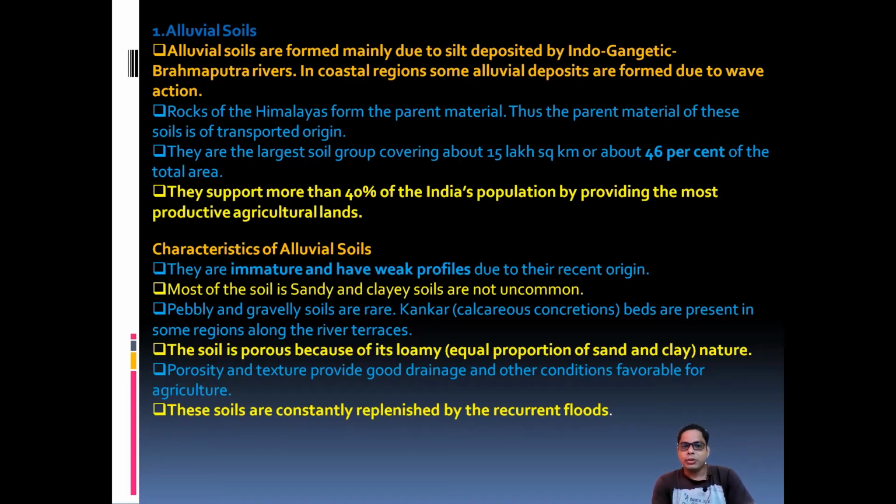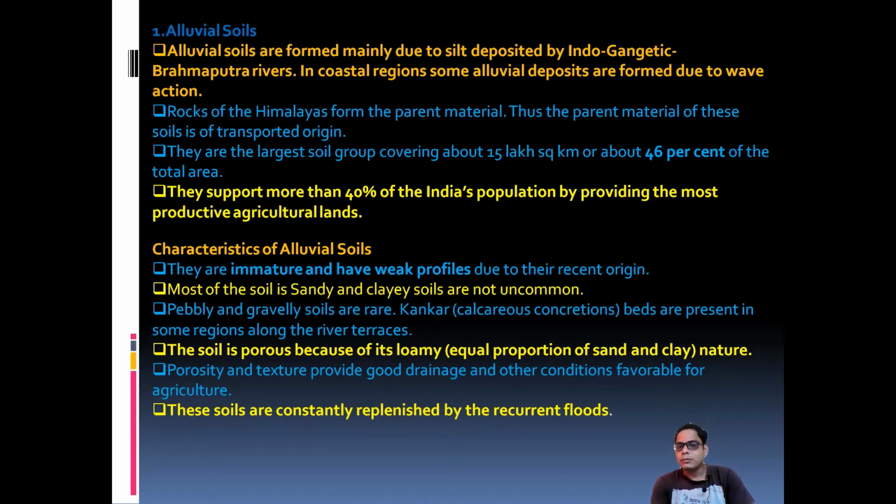What are the characteristics of alluvial soil? They are immature and have a weak profile due to their recent origin, so they are one of the most recent soils. Most of the soil is sandy, and clayey soils are not uncommon. Peaty and gravelly soils are also found. Beds and river traces can be found in the soil.